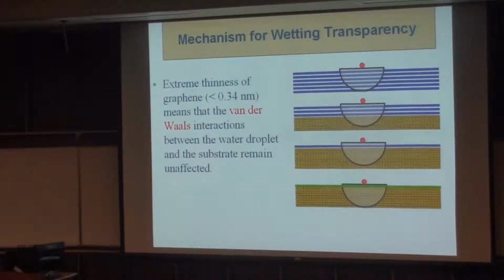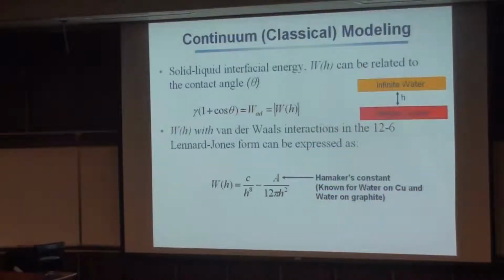So this is our hypothesis, and we've also done some classical modeling apart from MD. Here you define this W(H) term, which is the solid-liquid work, basically the work done to take two surfaces. For example, if I have infinite water and infinite copper, this is the work done to bring these two surfaces from very far away to a certain gap H, right?